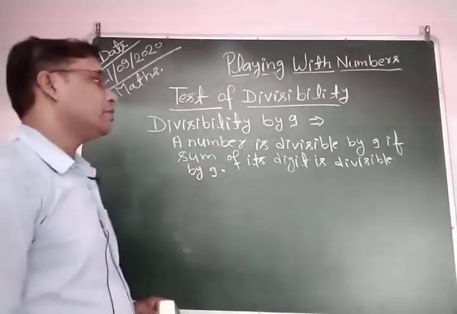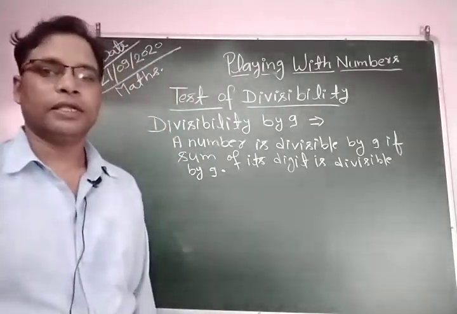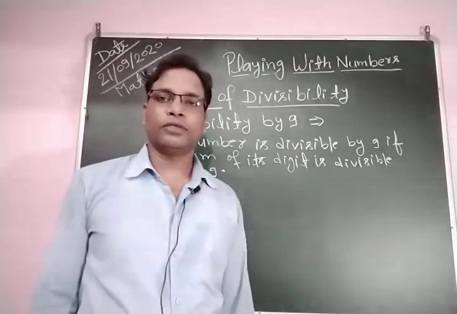Okay. A number is divisible by 9 if the sum of its digits is divisible by 9. Clear?